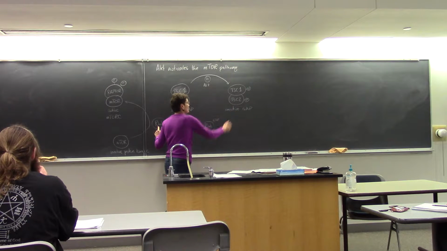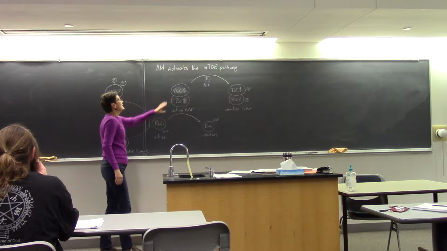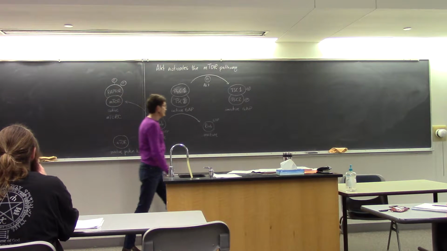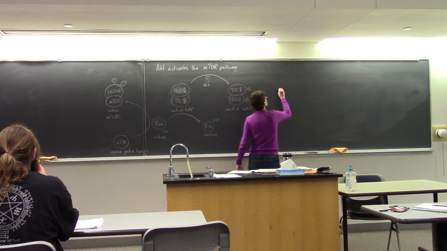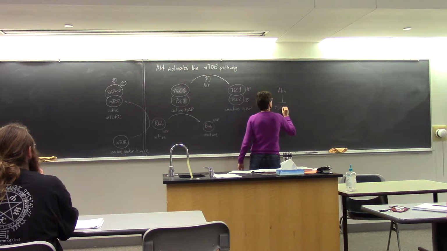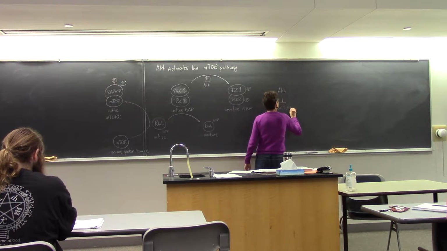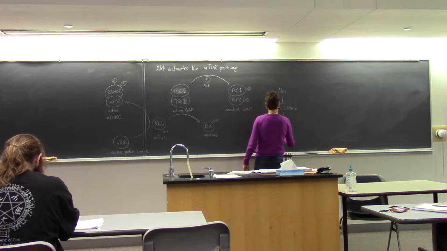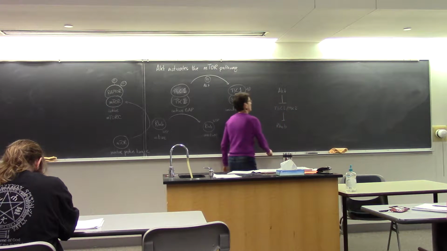So this is the form of TSC now. This is not the form. Okay, so this is how it would look on paper. AKT blocks TSC1, TSC2, which blocks Rheb.